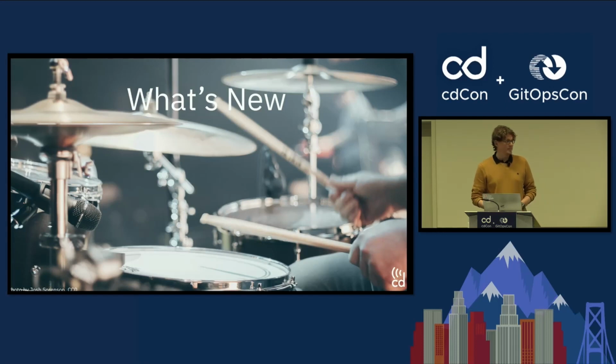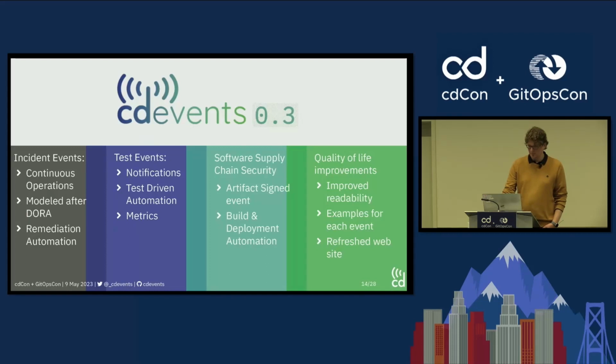So I want to discuss what happened since then. Since November last year, we worked on a number of things. We made a couple of new releases, 0.2, and 0.3 was just released last week with some interesting features. We expanded the scope of CDEvents to continuous operations, so we introduced incident type events.